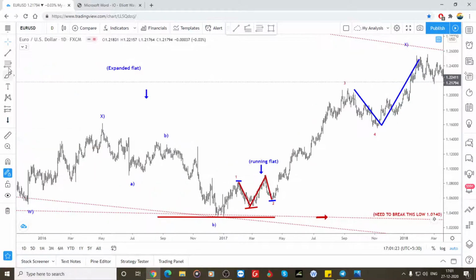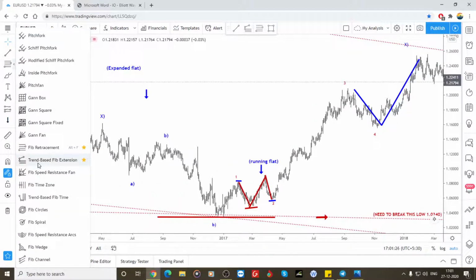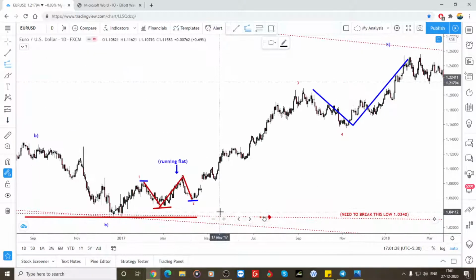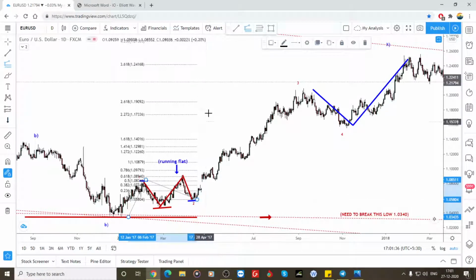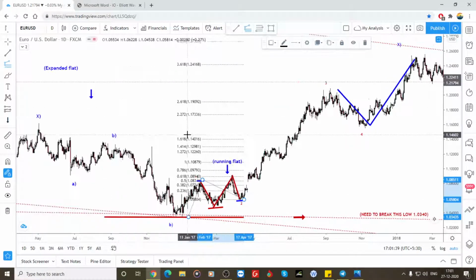After that, the projection for the third wave: from 0 to wave 1 and the projection for wave 2, the minimum is 1.618, and the next is 2.618.